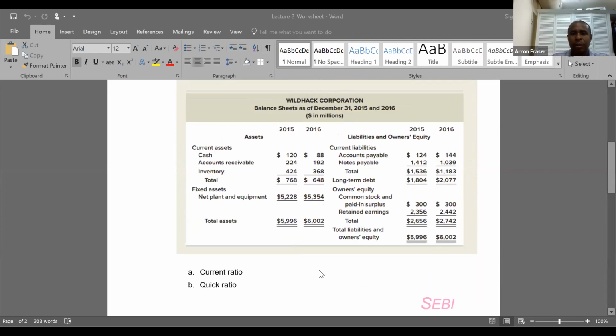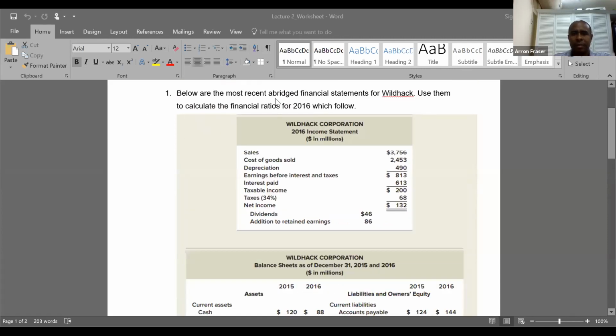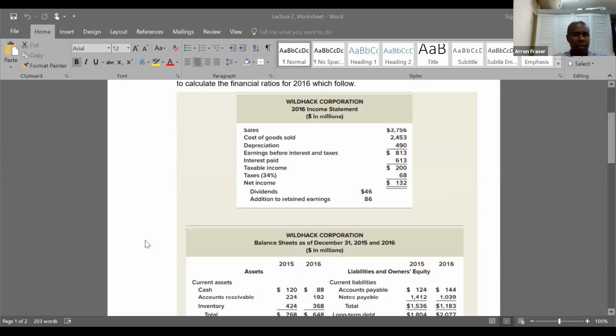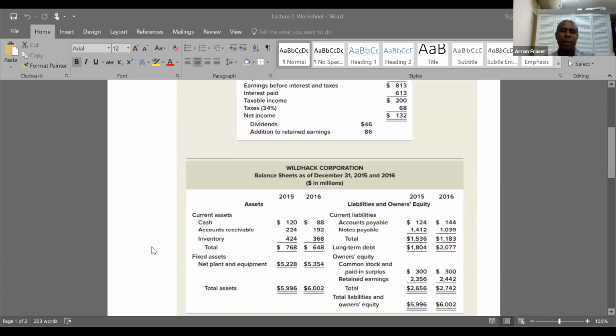And we're looking at 2016 figures, right? So below are the recent abridged financial statements from Wild Hack. Use them to calculate the ratios for 2016, which follows. So 2016, what would the current ratio be? And where would we pick up the numbers? Would that come from the income statement or the balance sheet?